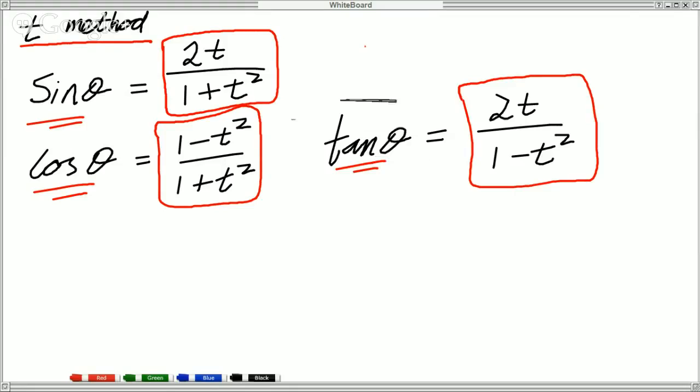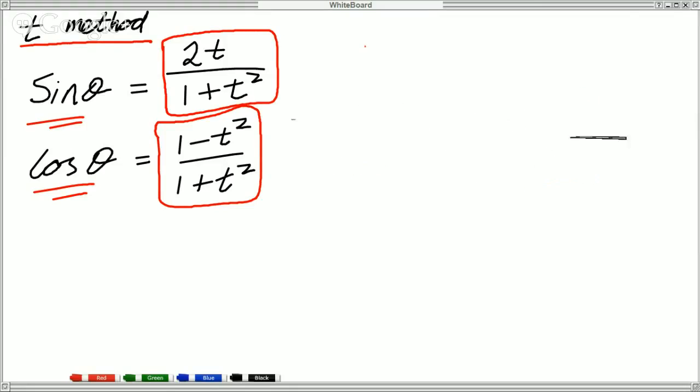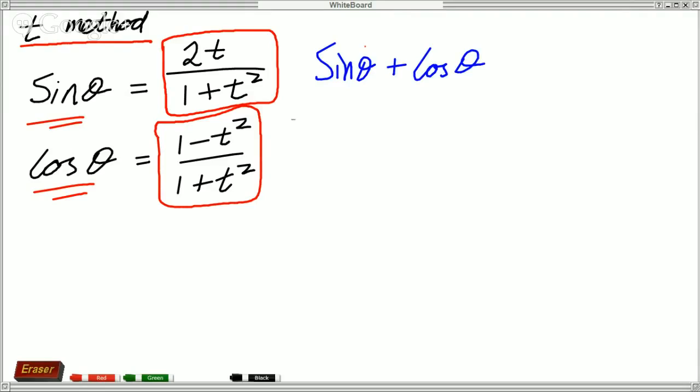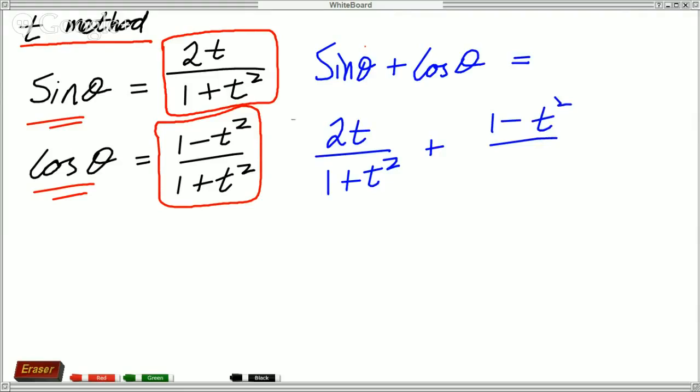So let's have a look at a simple example. Let's say that let's write sine theta plus cos theta just in terms of t, just in terms of tan theta on 2. So what this would be is 2t over 1 plus t squared plus 1 minus t squared over 1 plus t squared.